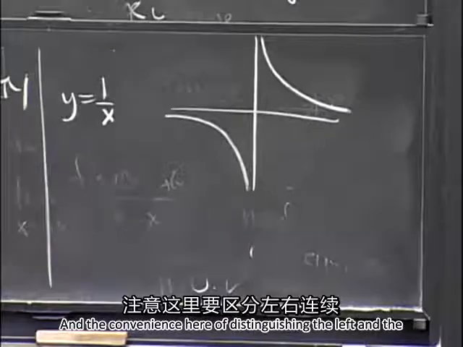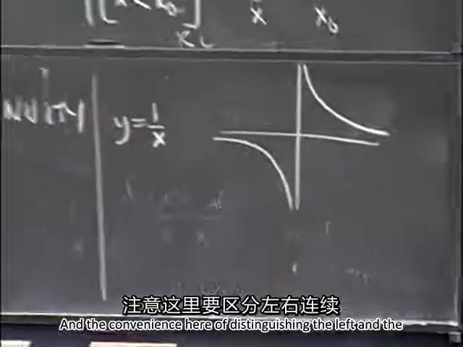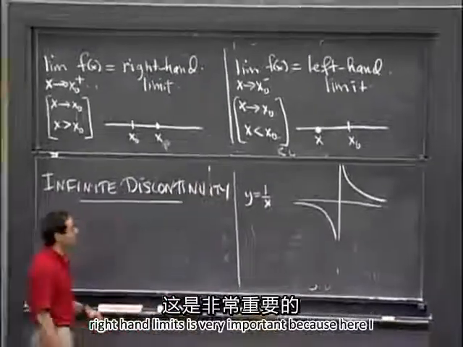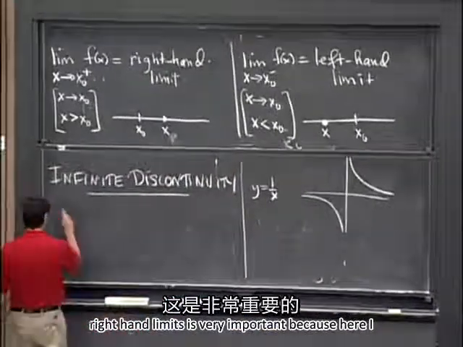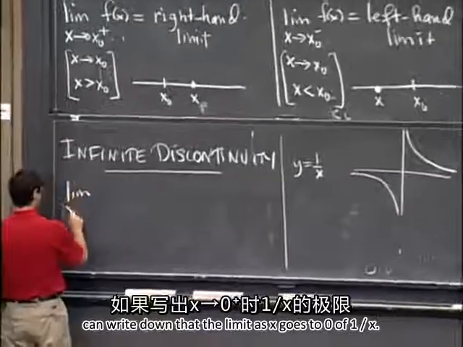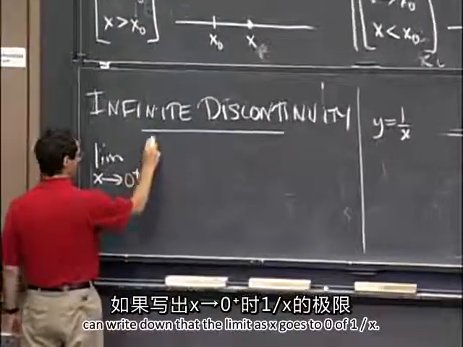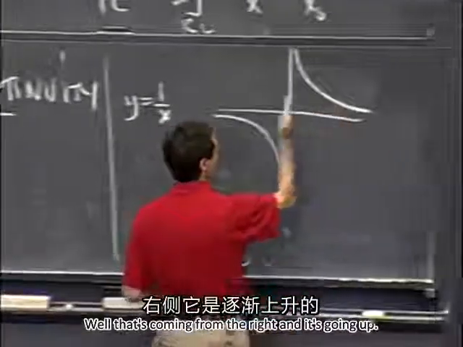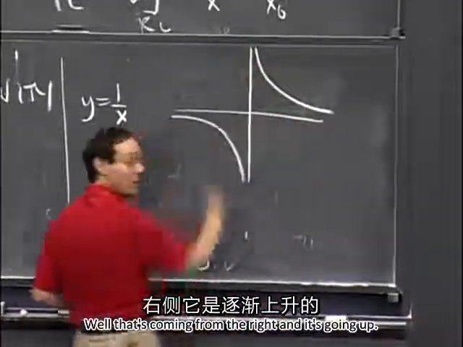And the convenience here of distinguishing the left and the right-hand limits is very important, because here I can write down that the limit as x goes to 0 plus of 1 over x, well, that's coming from the right, and it's going up.